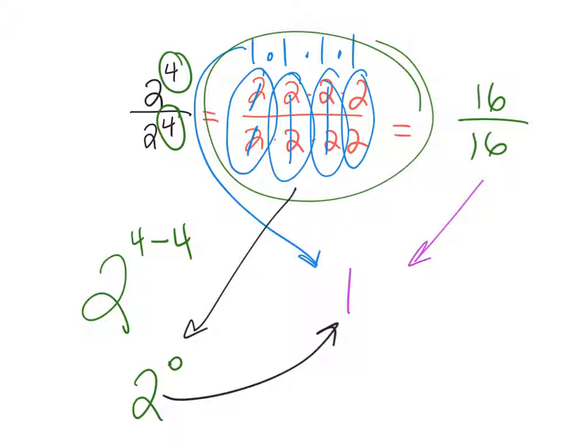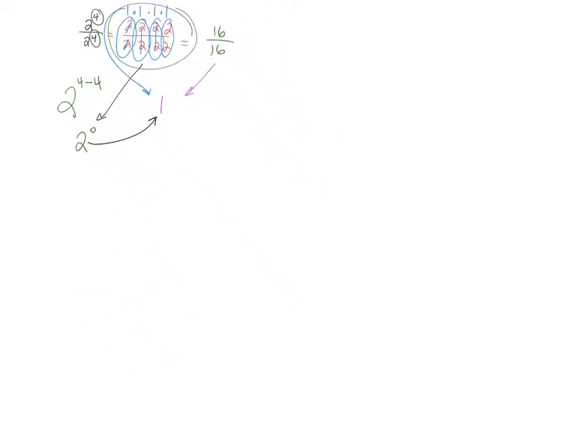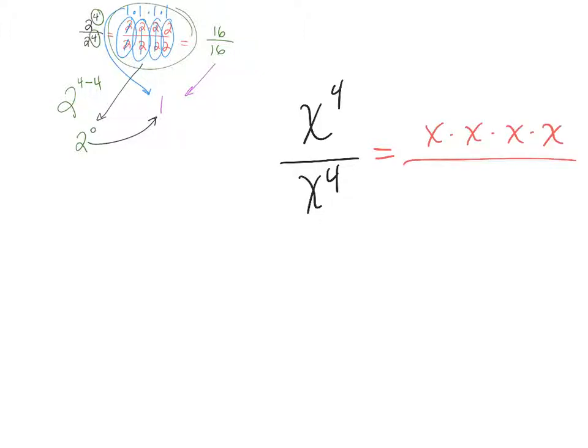Let me show you with letters. This is one of those things that with letters, it might even explain even better. If I had x to the 4 over x to the 4, I don't know what x is equal to. But I do know that I'm allowed to expand out both of those to the multiplication problems that they are.